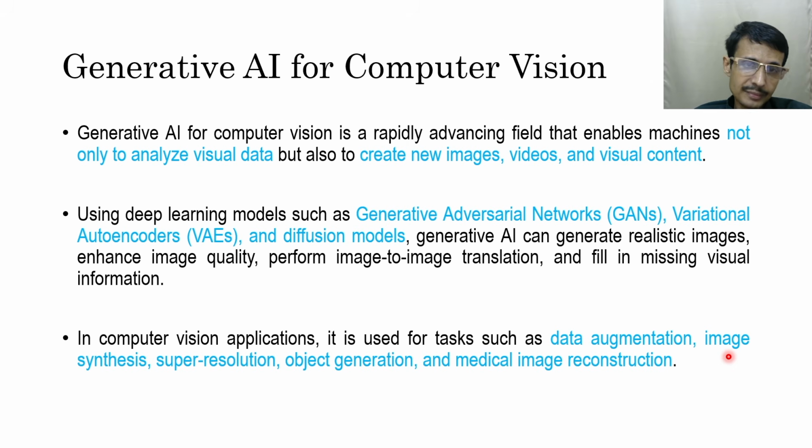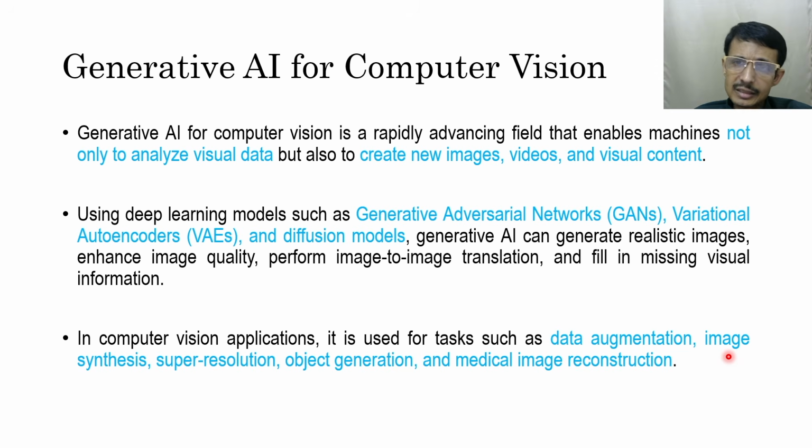Another important task is image to image translation. That means, say, there is a grayscale image, we can translate it to a color image.